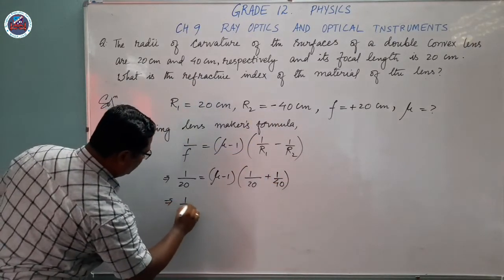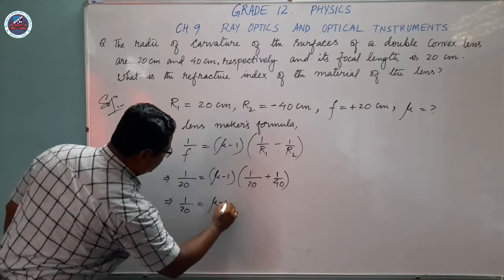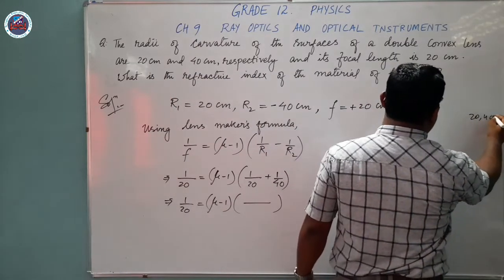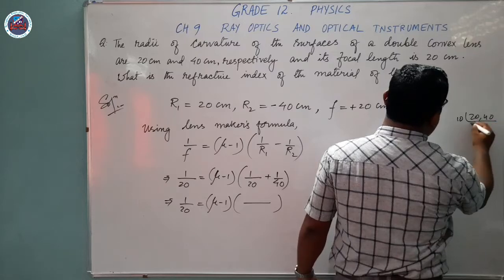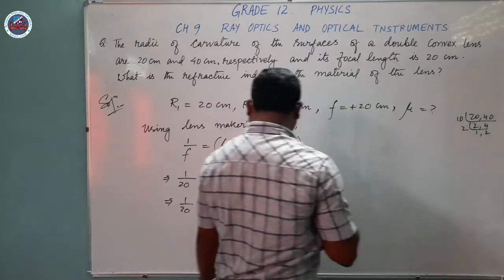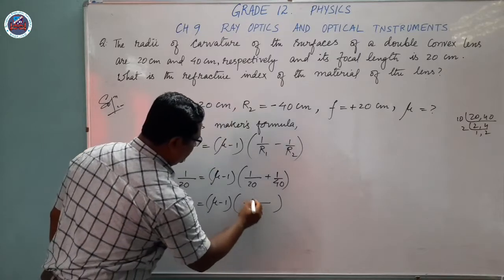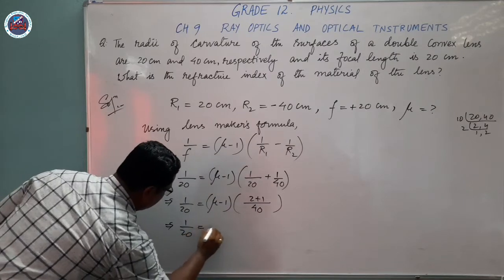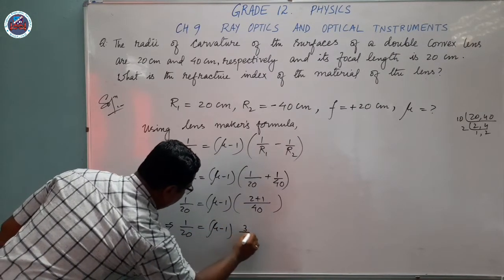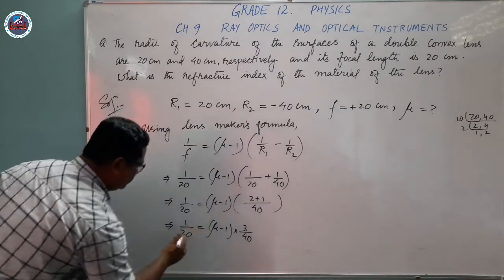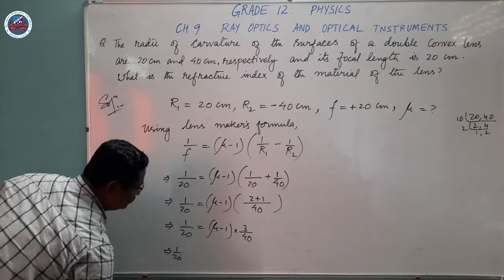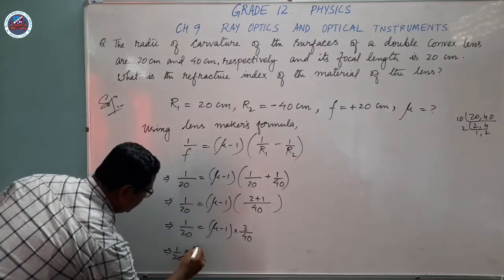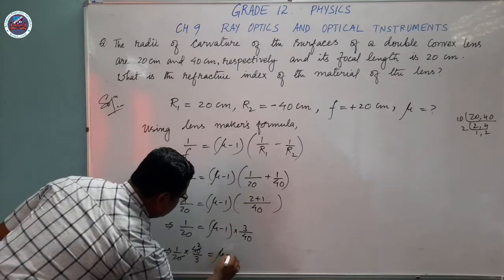Then 1 by 20 is equal to mu minus 1. LCM of 20 and 40 is 40. You will get 2 times 1 plus 1, so 1 by 20 is equal to (mu minus 1) into 3 by 40. Cross multiplying, 1 by 20 into 40 by 3, 2 by 3, is mu minus 1.